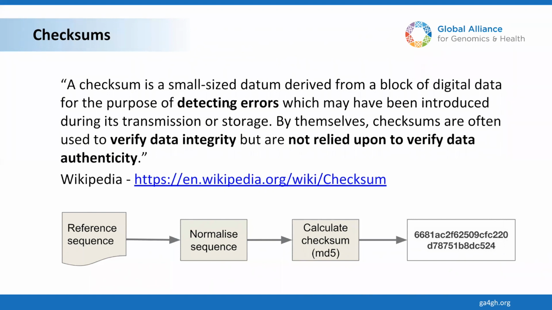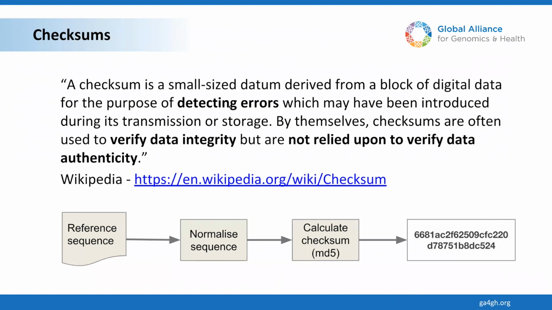So down at the bottom is a rough idea about how we generated this new identifier system. We have a reference sequence. We pass it through a normalization algorithm, which is pretty much retain only uppercase A to Z characters and remove any other character from the sequence that doesn't conform to that. We pass it through a checksum algorithm. We have chosen MD5.